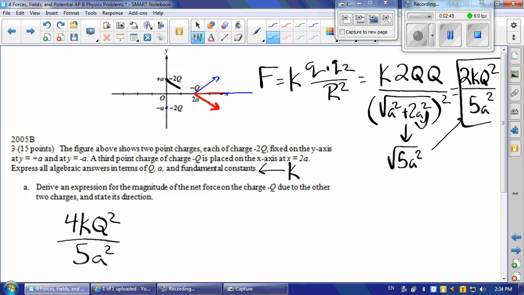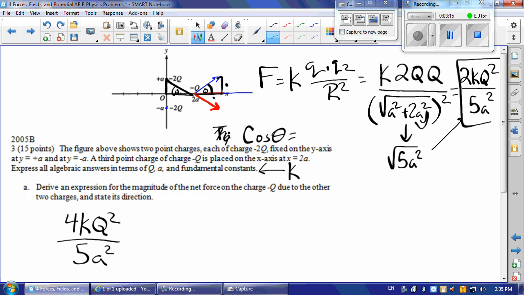So what I'm going to do is I know I have a right triangle here, and I'm looking for the angle, because that right triangle will match this right triangle. In order to find theta, I know this and I know this. So let's do tangent. Actually, you know what, since we're doing x components, we need cosine of theta.